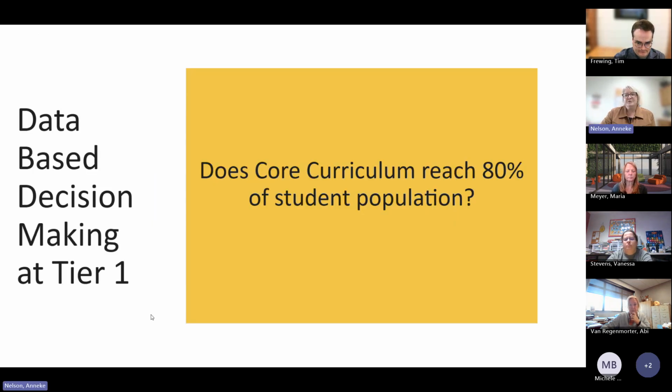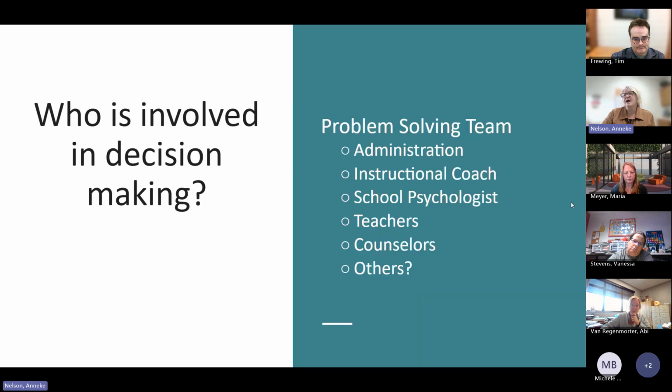Our biggest decision, when we look at the data, is whether the core curriculum reaches 80% of the student population. The people involved in that decision making could be your problem-solving team, looking at data pulled from your benchmark data or other curriculum data to determine whether it is meeting 80% of your student population.